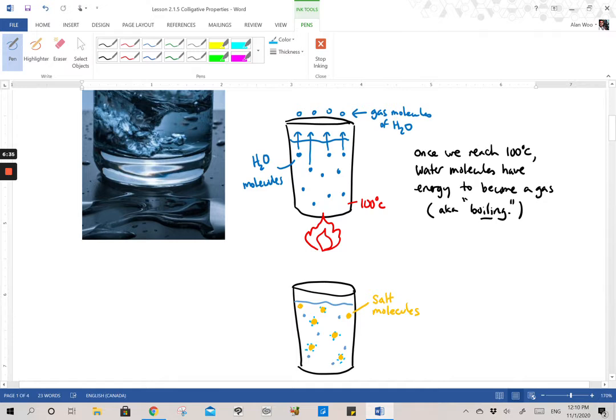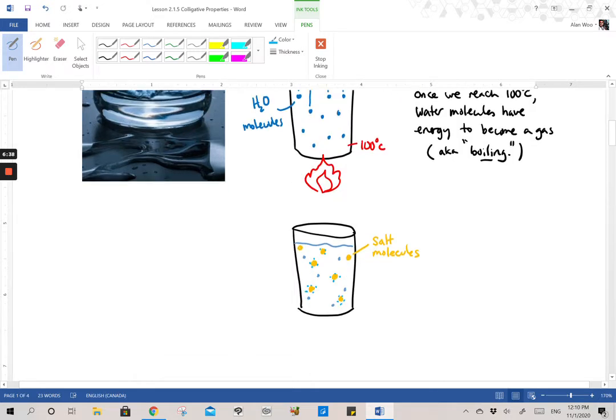Okay, so now when we heat up water, it's not just water, it's water plus salt. So it's not a pure substance anymore, it's a mixture.